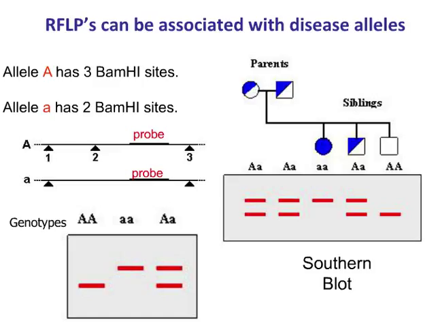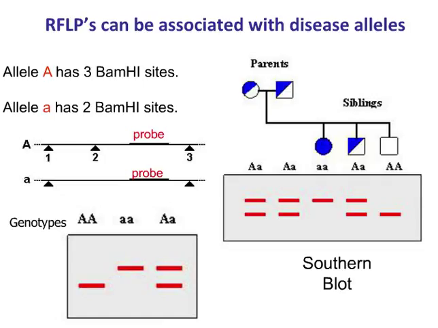This slide illustrates how RFLPs can be used to analyze the DNA of family members for the presence of a disease-causing allele. In this hypothetical example, allele A has 3 BamHI sites, BamHI being a restriction endonuclease, while the mutant allele, allele lowercase a, has only 2 BamHI sites.